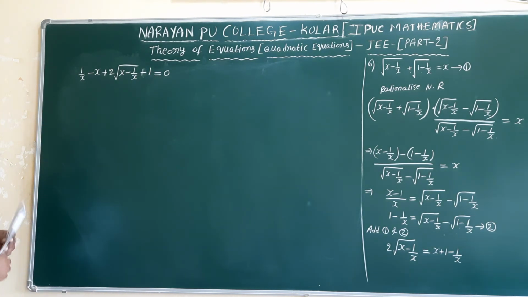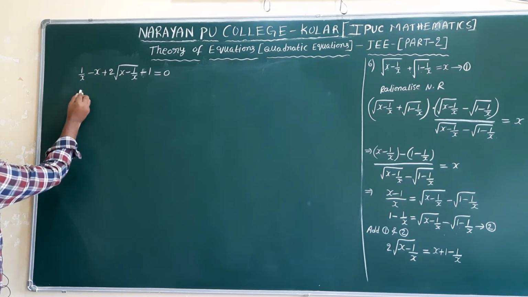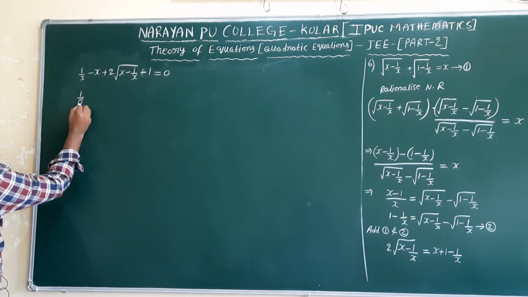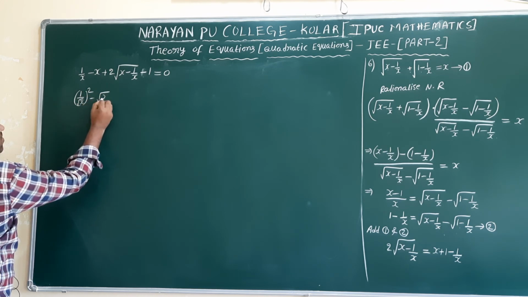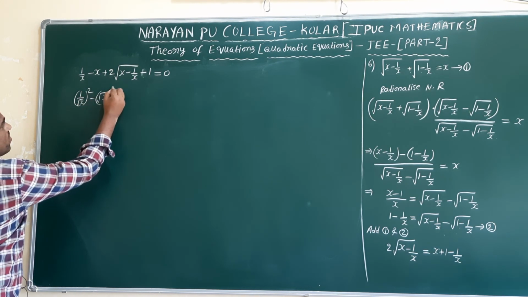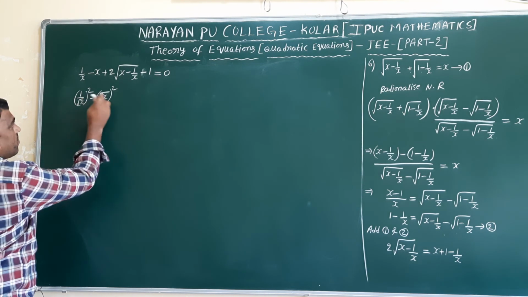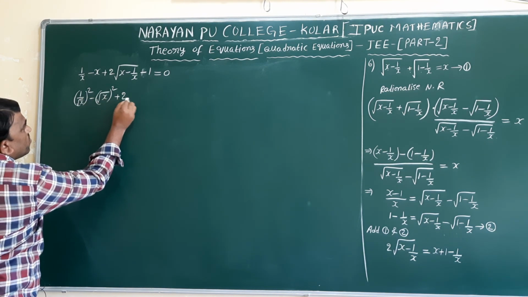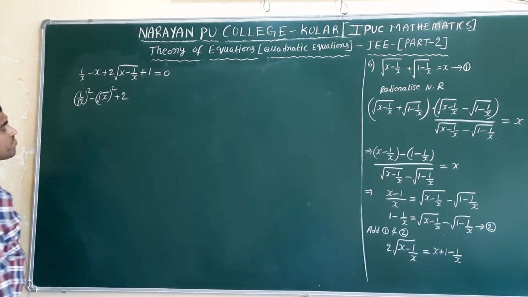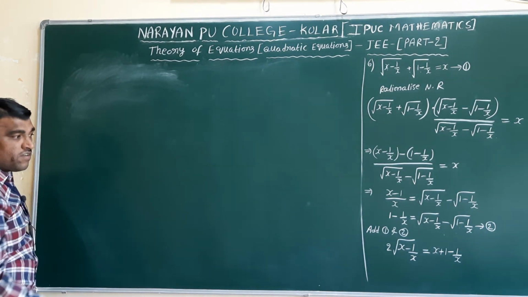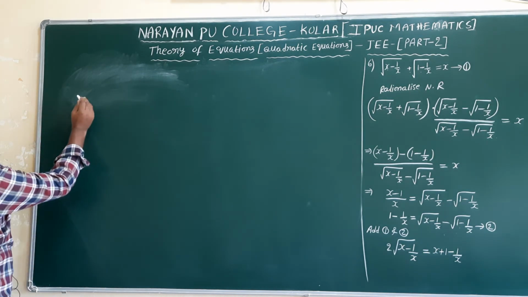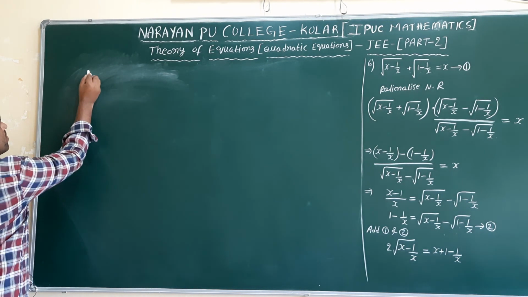Now, if you want to convert this, you can write 1 by root x whole square, root x whole square without changing the value, plus 2. Instead of the right side value, better send the left side value, then it is converted into a perfect square. Left side value sent to the right side.